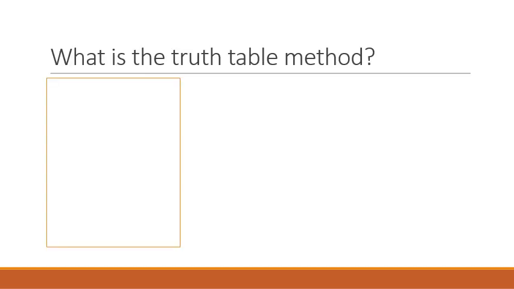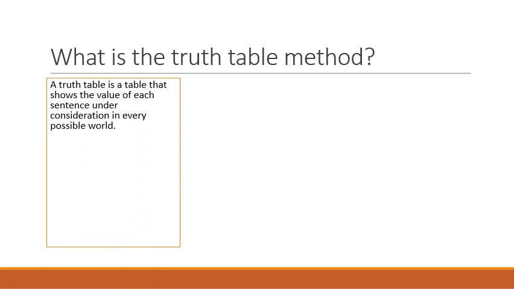All right, to start, we're going to first say, well, what is the truth table method? And you have to start with what is a truth table. A truth table is a table that shows the value of each sentence under consideration in every possible world. So you have a set of sentences in propositional logic.